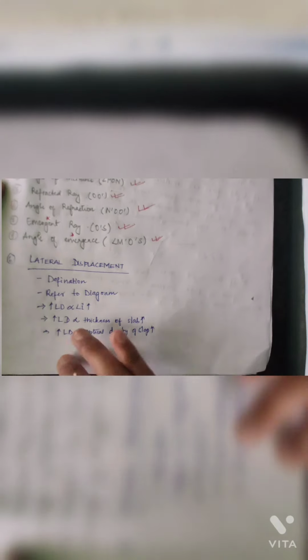So the definition: the perpendicular shift in the path of the incident ray while emerging out of a rectangular glass slab is called the lateral displacement. I already explained it to you, so that is the definition. Now there are three conditions here. It increases with increase in the angle of incidence.